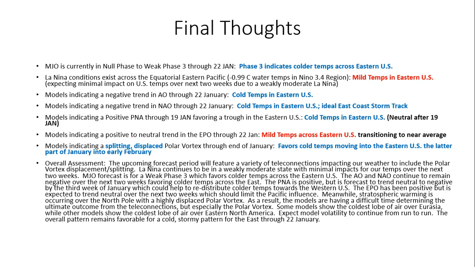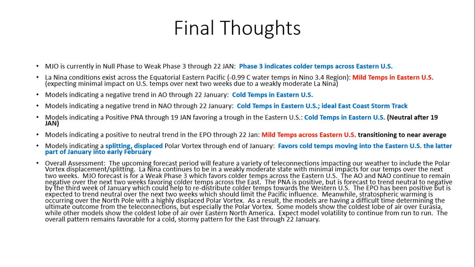And the models are showing that period around mid-January of very high heights and a very strong positive PNA showing up with a downstream deepening trough. But that PNA may trend to neutral and negative by the third week of January. And if that were to occur, we could see a redistribution of colder temperatures, not only in the eastern U.S., but we may see more colder air moving into the western U.S. as well.